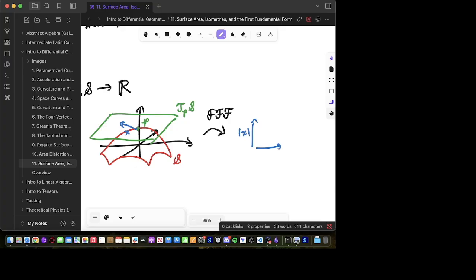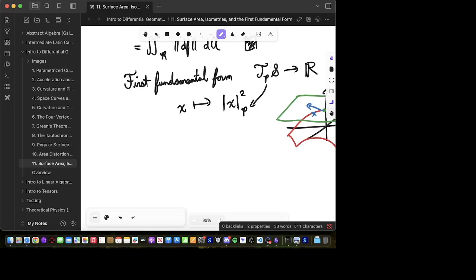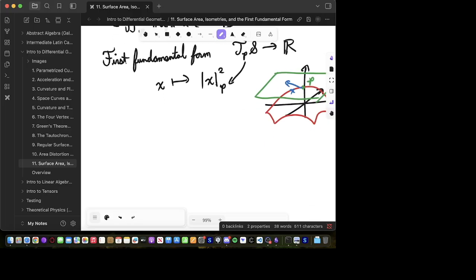This is the length, the magnitude of x. You can think of it as sort of like that. It maps from a tangent vector to its squared norm. So that's the first fundamental form.